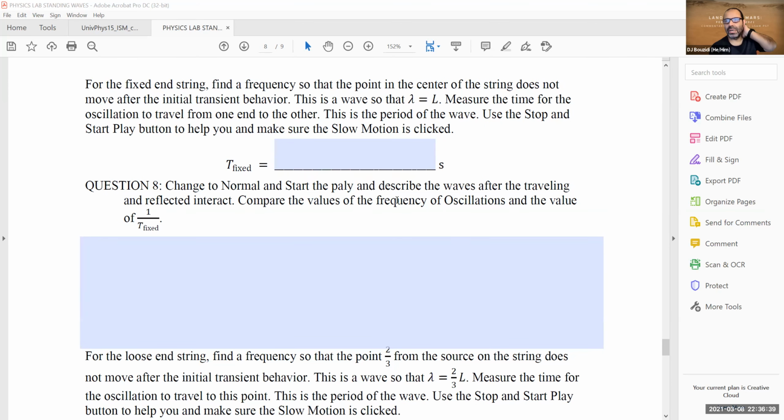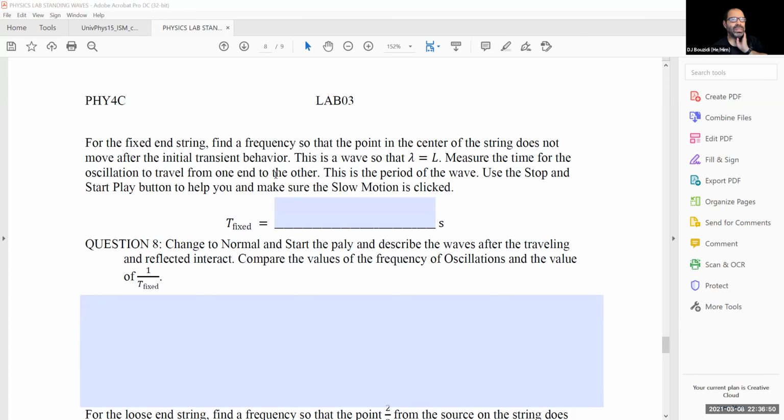Change to normal and start the play and describe the wave after it traveled and reflected. Compare the values of the frequency of oscillations to the value of 1 over t fixed. Remember that you found the frequency in here because you changed it from 3 hertz down to some value, okay? It could be 1.2, it could be 0.5, it could be 0.7, it could be 1.8, it doesn't matter. You're going to find a value in there.